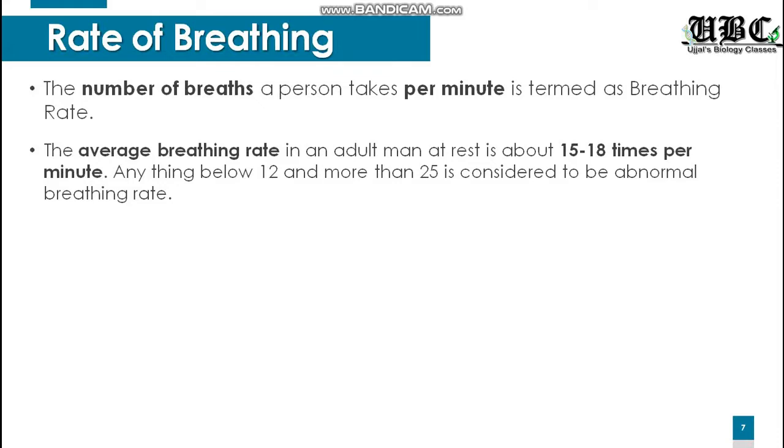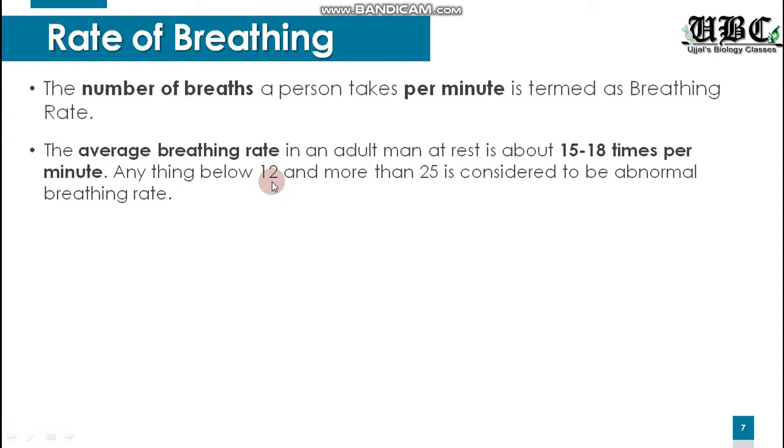What is the normal value of the breathing rate? The average breathing rate in a normal adult man at rest is about 15 to 18 times per minute. Why have I added "at rest"? Because obviously during certain kinds of physical exercise, the breathing rate will automatically increase.